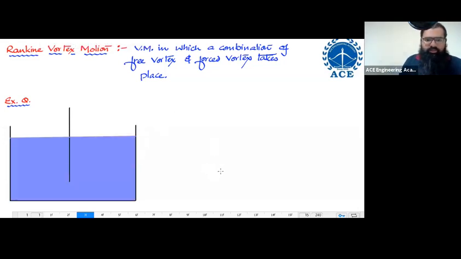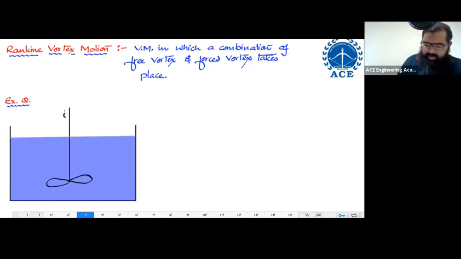Now what I'm doing is, about the central axis, suppose I'm having a paddle wheel. I hope you understand a paddle wheel.